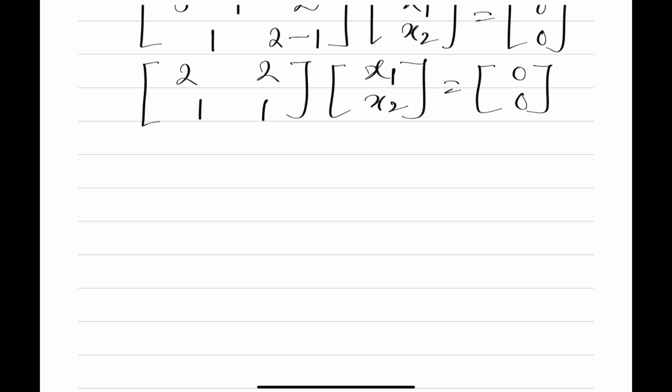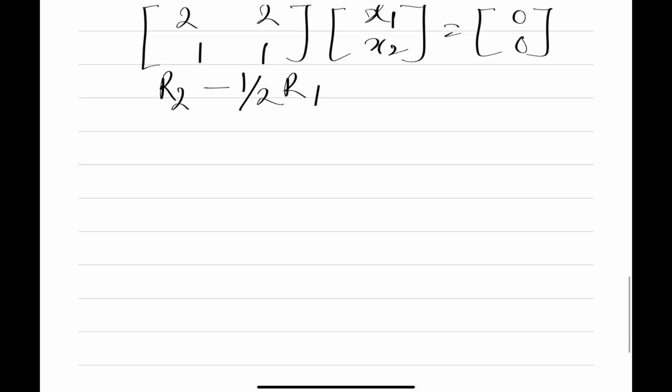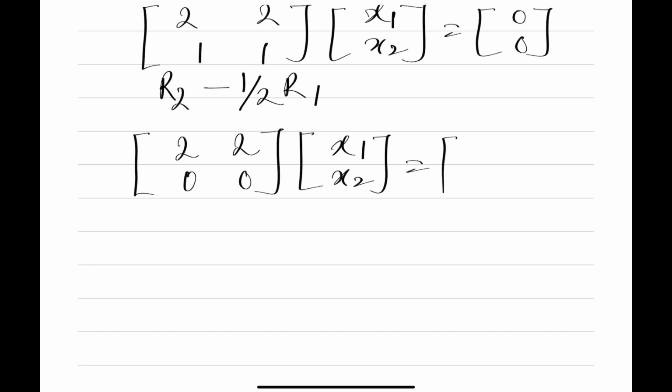Now applying the operation R2 minus half R1, the matrix will become [2 2; 0 0] into [x1; x2] is equal to [0; 0].